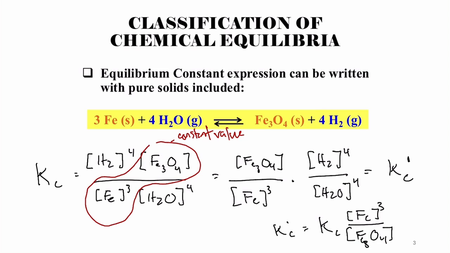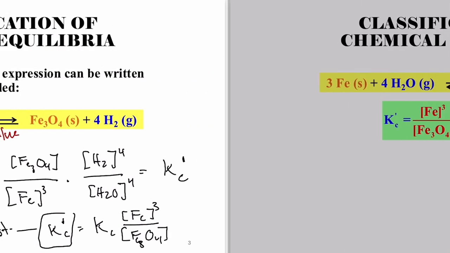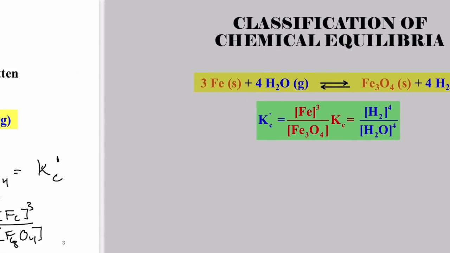So that means that the gases and the aqueous molecules are really what's going to determine the equilibrium constant. And so we kind of just treat this as the equilibrium constant when we have these heterogeneous equilibriums.